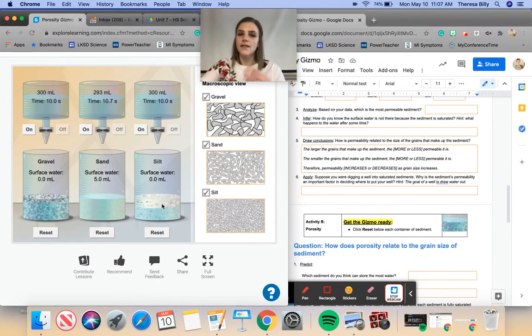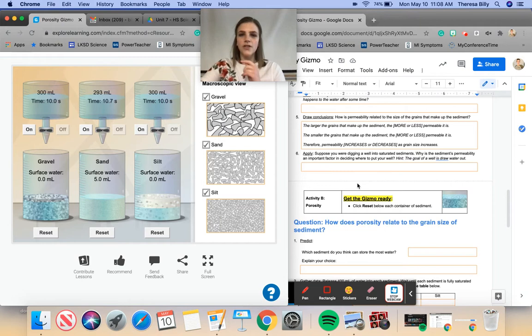Think about silt. Silt is made up of very, very fine particles. As soon as the water hit it, it took some time for it to actually let that water run through. Therefore, permeability blank as grain size increases, meaning permeability is also going to increase as grain size increases. The bigger the particle, the more likely water is just going to run through it.